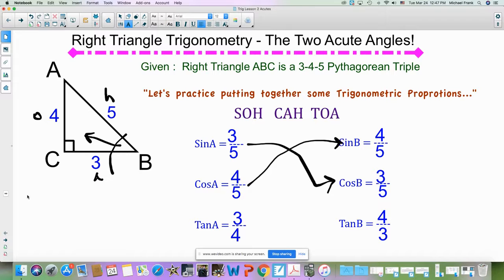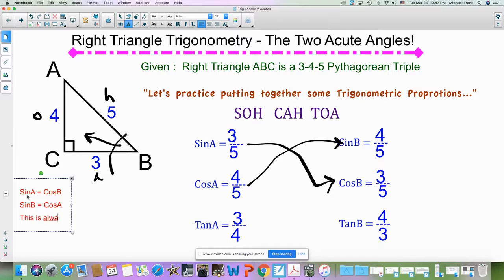So the two things that we're going to remember are always true is that the sine of angle A will always be equal to the cosine of angle B when they're the two acute angles of a right triangle. And the opposite is also true. The sine of angle B will always be equal to the cosine of angle A.